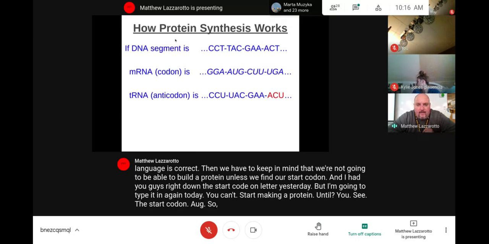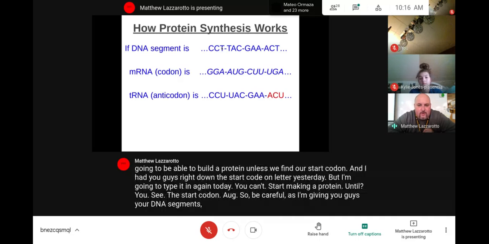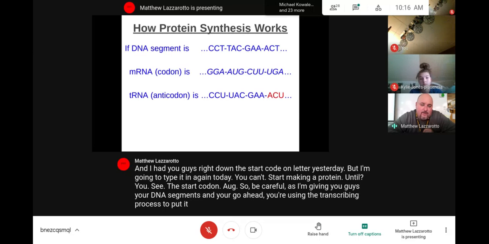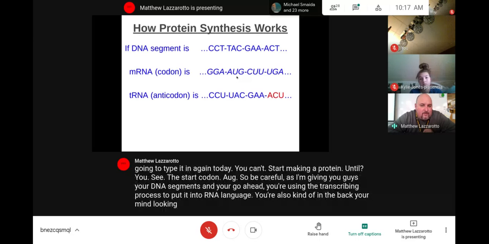So be careful as I'm giving you guys your DNA segments and you're using the transcribing process to put it into RNA language. You're also kind of in the back of your mind looking for AUG. Here's AUG. Start codon. Beautiful.